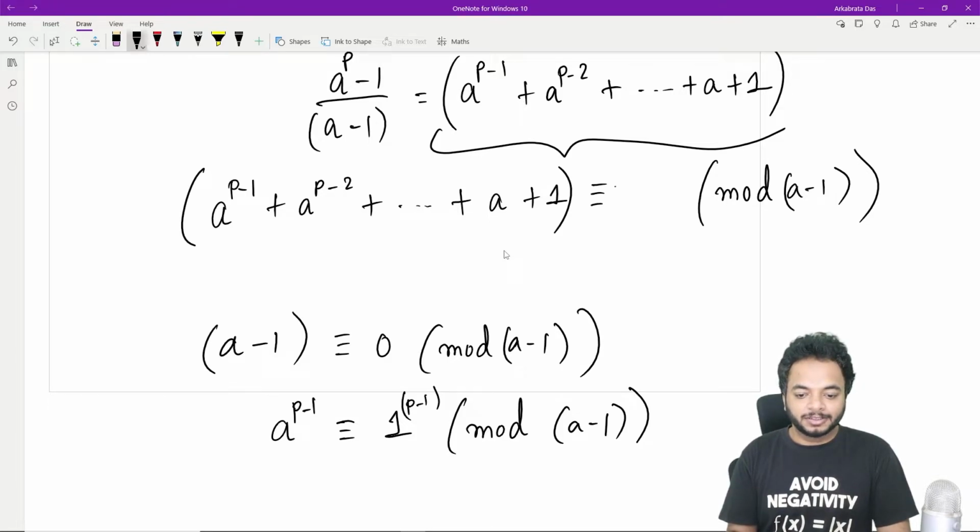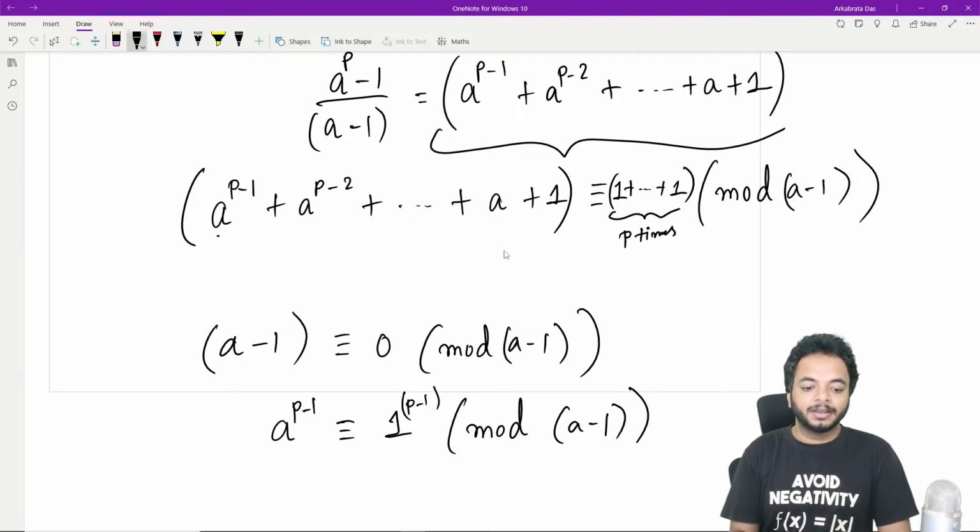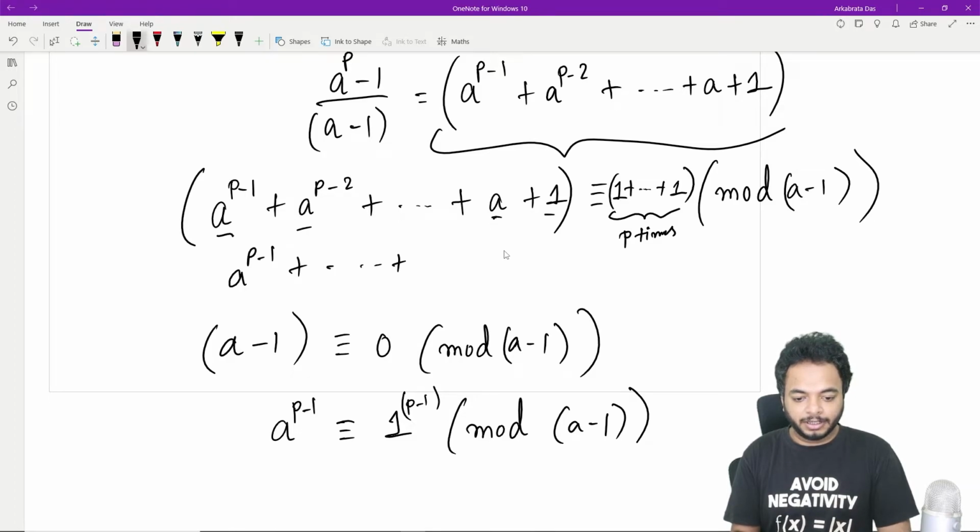So this will be nothing but 1 plus dot dot dot 1, p many times, because here you have p such terms, and the last one is 1, of course. So this number, a to the power p minus 1 plus dot dot dot till 1, is congruent to p modulo a minus 1.